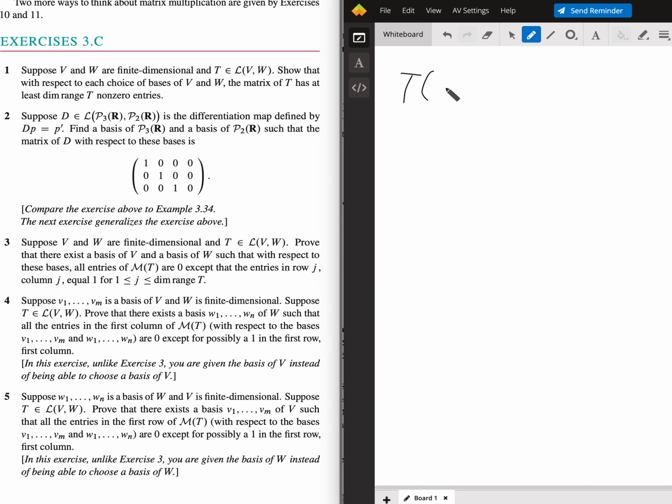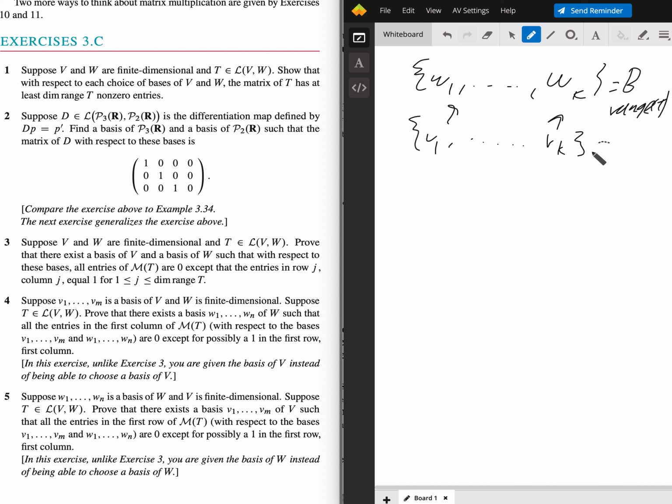I mean, think about it this way, right? If you have a basis in W of the range T, this is a basis of range T. You also have, not necessarily a basis, a set of vectors in V that currently maps to those W's. Then one set of those relations must be true, that if these things are linearly independent, then so must these, or it's the other way around.